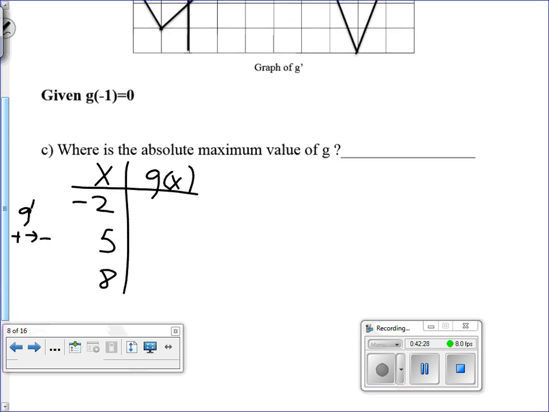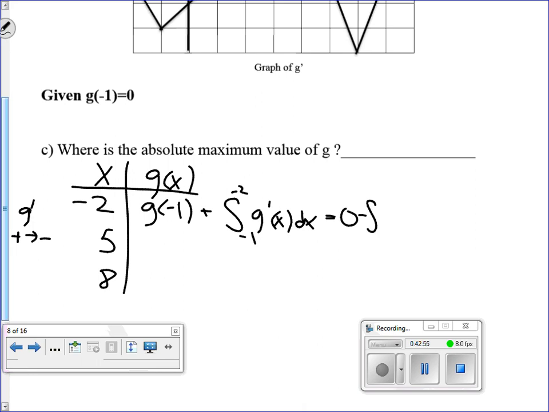Now, to get values of g, we've got to work off that starting value. So to get g of -2, we're going to start with g of -1, which is 0, and now the change by taking the definite integral of g prime from -1 to -2. So we'd have to switch them. g of -1 is 0, so we have 0 minus the definite integral from -2 to -1.